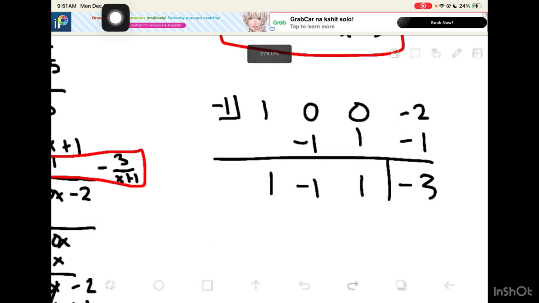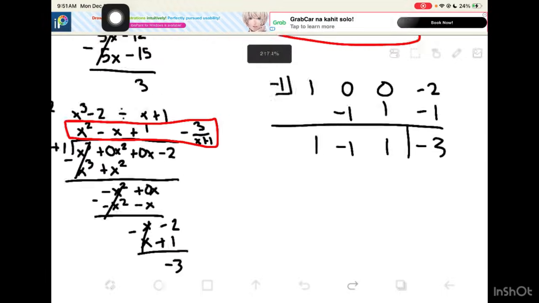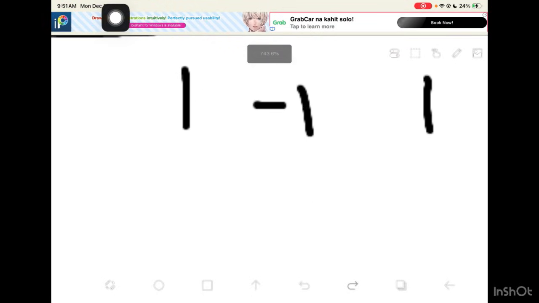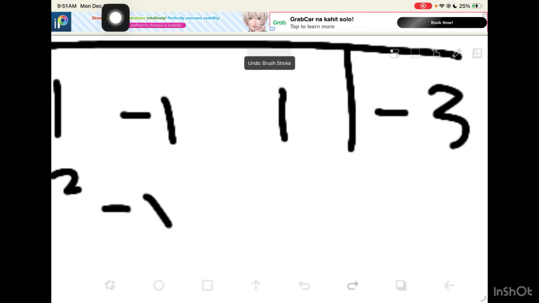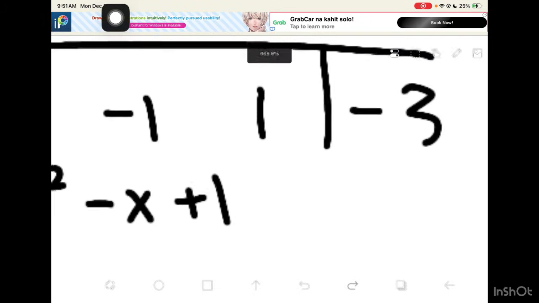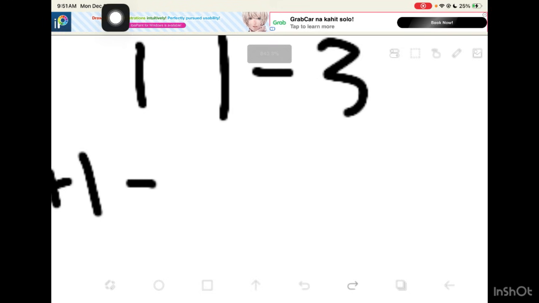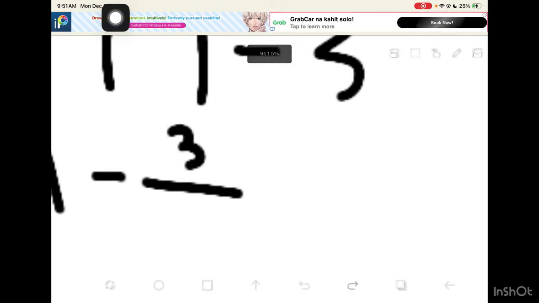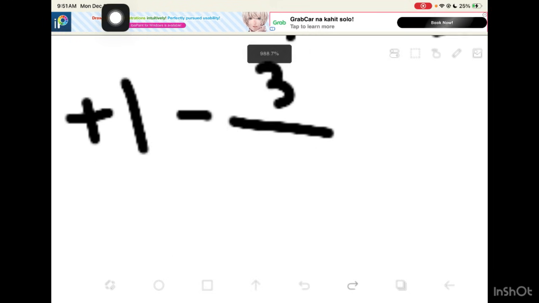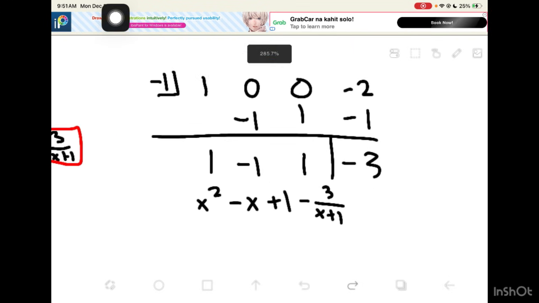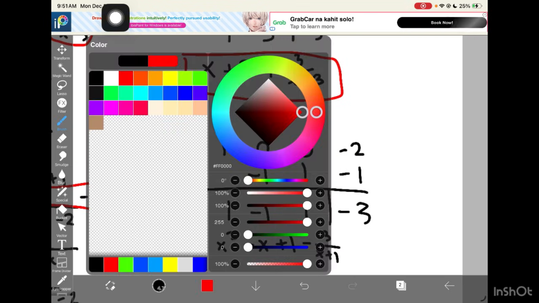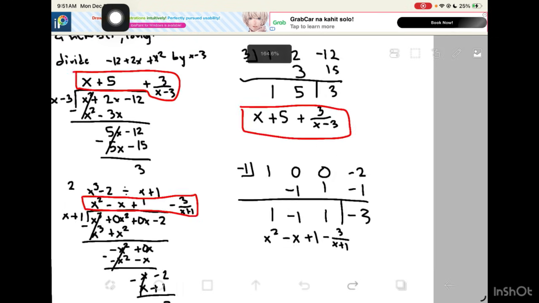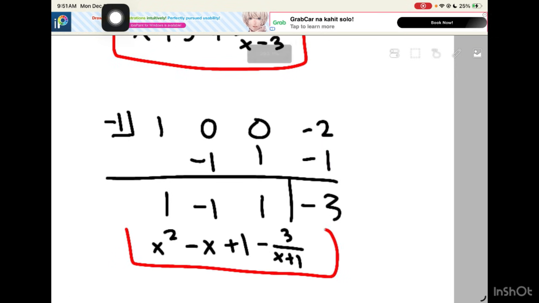Remainder. So we started from cubic. Therefore, this is a quadratic. So x squared minus x plus 1 with a remainder of negative 3 over x plus 1. So, as you could see, both of these have remainder.